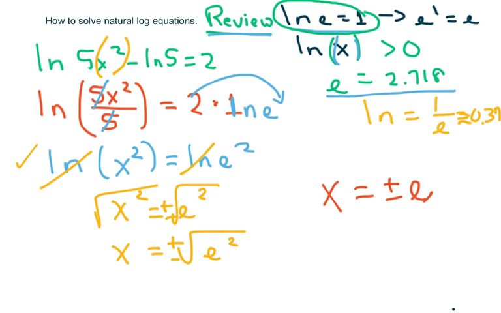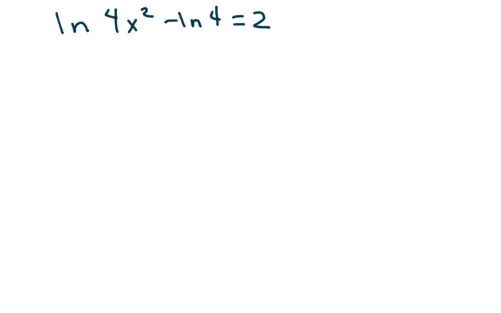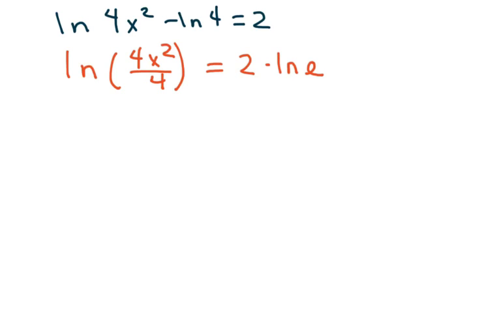All right, so let's move on to some more. You can do the same thing. This is very similar. So I'm going to write this out, condense the left side, and multiply my right side by 1, which is ln of e. I'm going to simplify. So this is just going to be x squared. And I'm going to use my power property and get ln of e squared. I can cancel my ln's, and 0.37 is what that is.